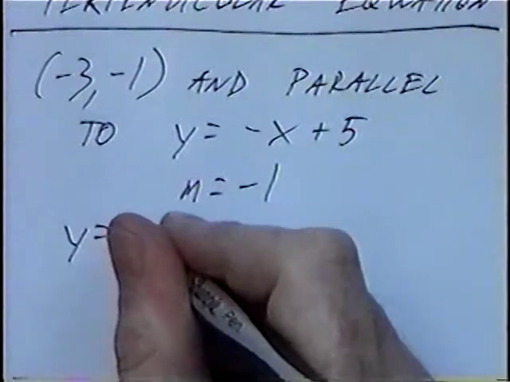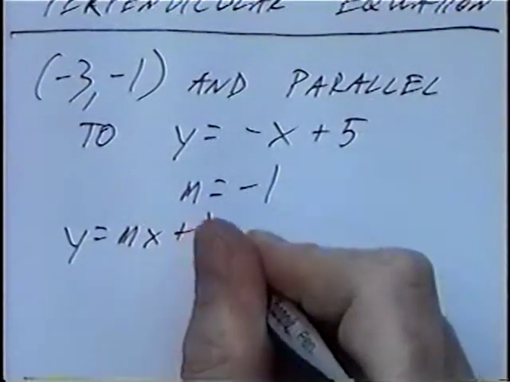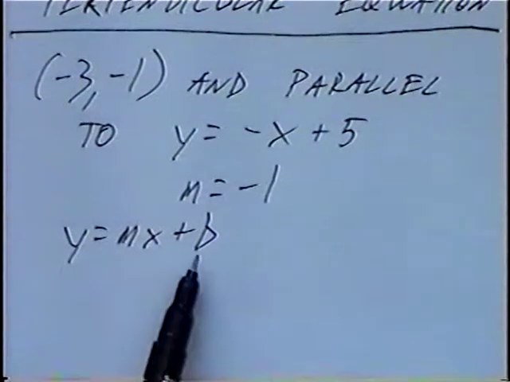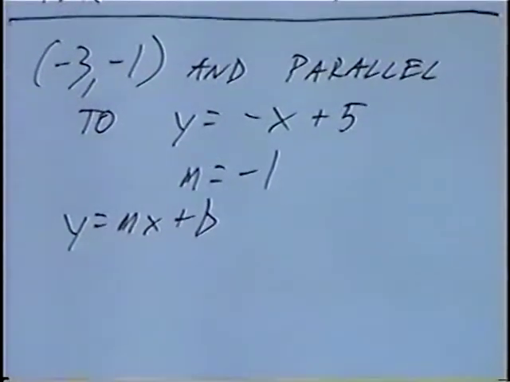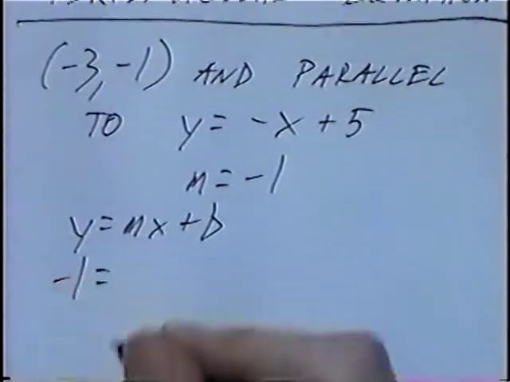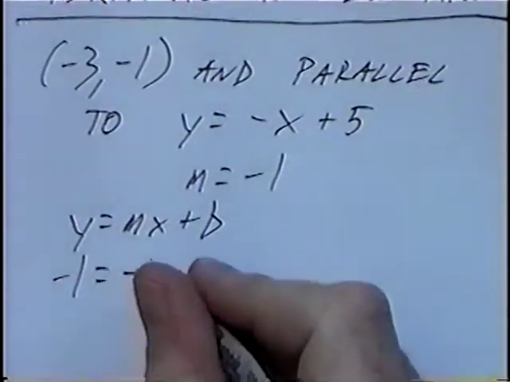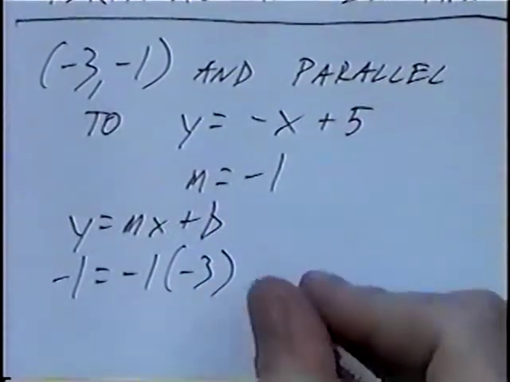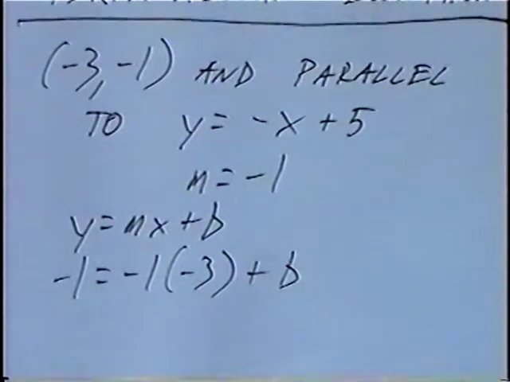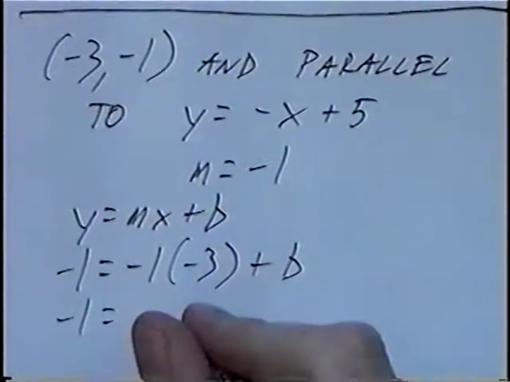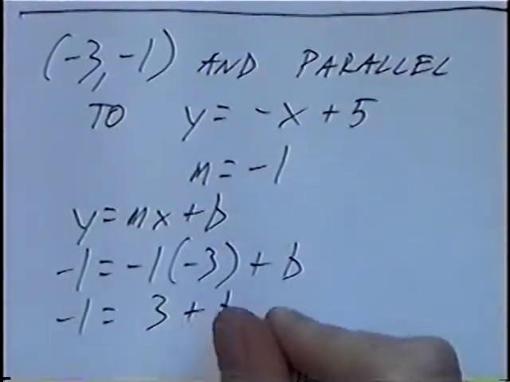And again, we can use the equation y equals mx plus b. Using the slope we found and the point, we can find the new y-intercept, or the new value for b. Y is -1 equals, m is also -1, x is -3, and plus b. Multiplying -1 times -3 would be 3 plus b.